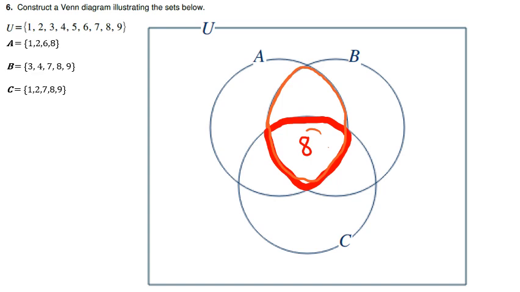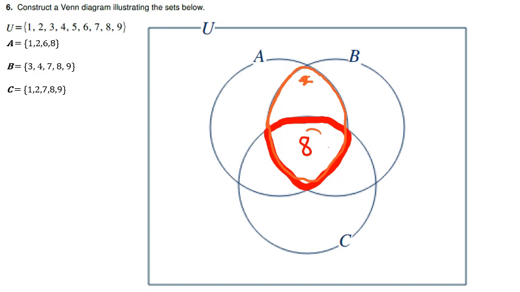They don't have a 1, they don't have a 2, they don't have a 6, but they have an 8 in common. But be careful, you're not going to put an 8 up here, okay? Don't put an 8 up there, because 8's already been located. It belongs to C and A and B. So this little region here is actually empty.